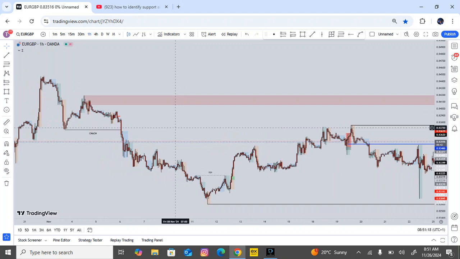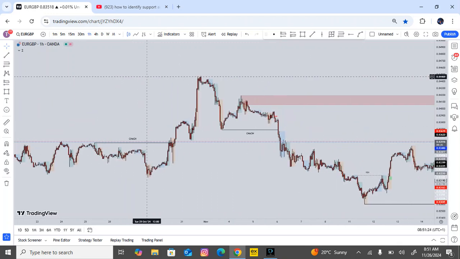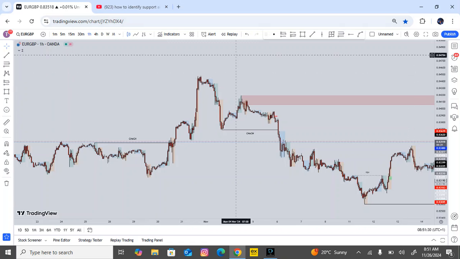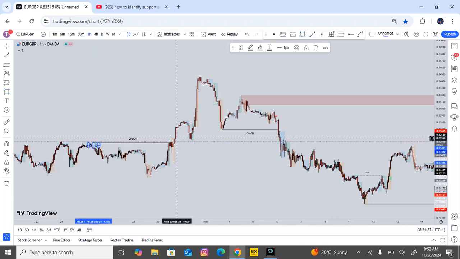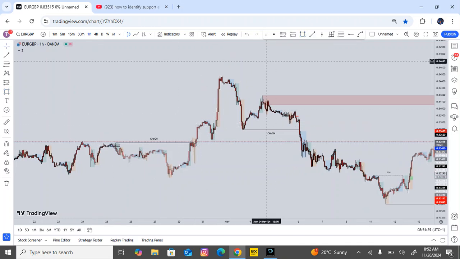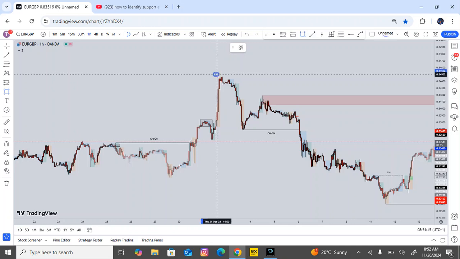Now, in a currency pair, every currency pair you see highs and lows, right? What's highs and lows? As you can see right here, this is a high, price making a higher high. This is a high, and this is a high, right?